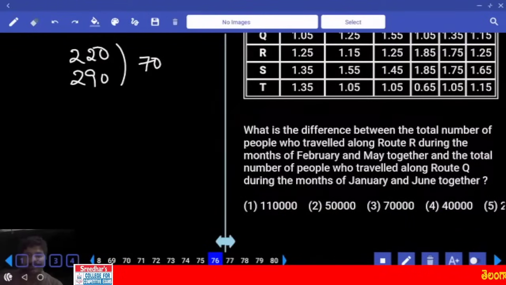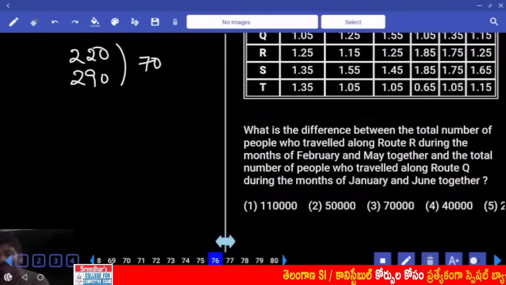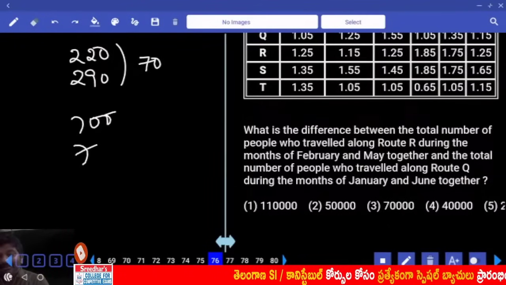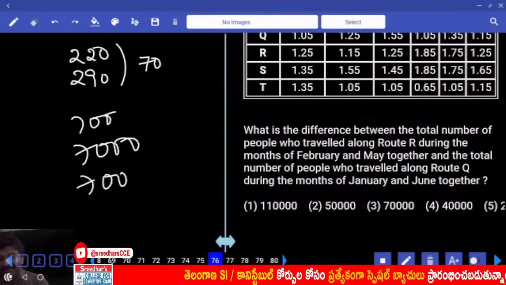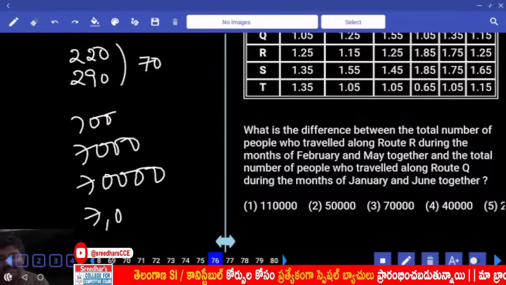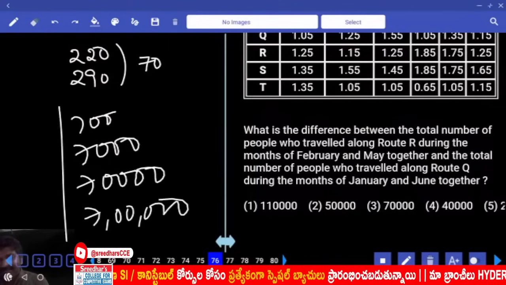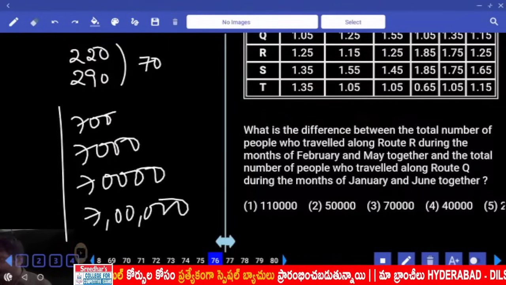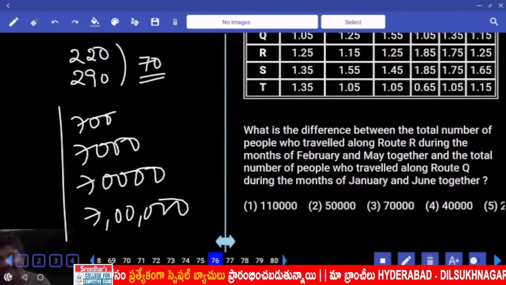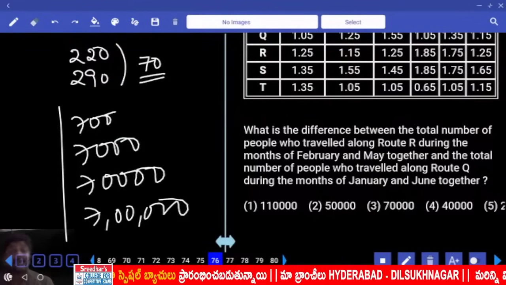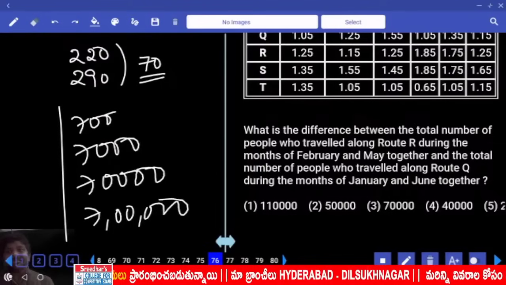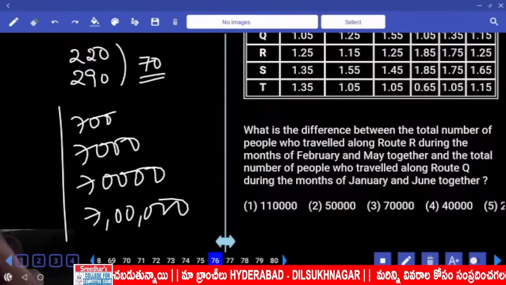Which option is having that? Third option. You don't have to bother about number of zeros. You need to bother about zeros if options are 700, 7,000, 70,000, 7 lakh. If options are like this, then you need to bother about how many zeros should come. But our difference is 70. We know that our data was given in lakhs and we have already adjusted 2 digits.